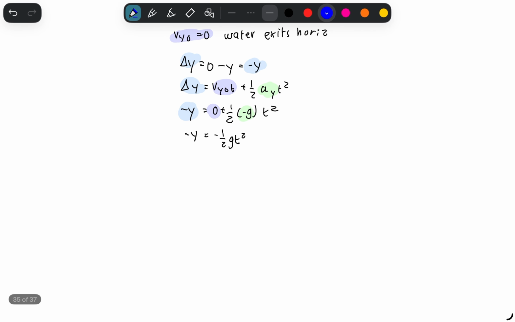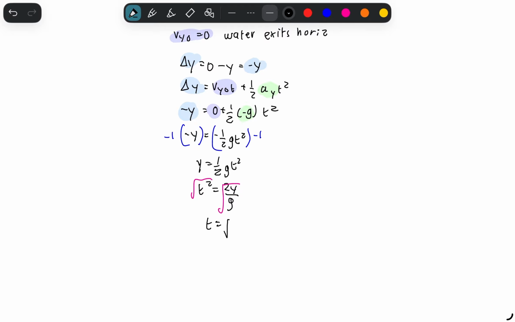Now, if you multiply both sides by 1, so this is going to be your answer for part B.